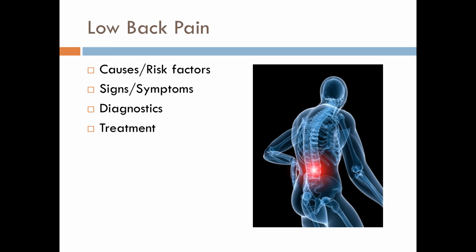Remember that the muscles in our abdomen, our muscles in our truncal area, help stabilize our spine. So if those muscles are weak, we are at risk of having back problems. People who have poor posture, which probably all of us do to some extent.